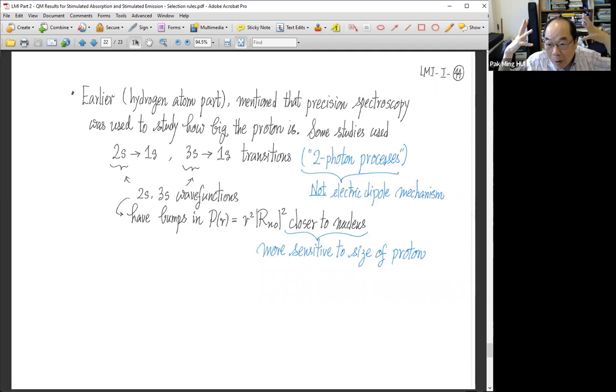Think about 1s. It is exponential minus r over the Bohr radius, and it is highest at the nucleus. So that's why experimentalists always try to probe transitions using S states. But this is not the electric dipole mechanism.